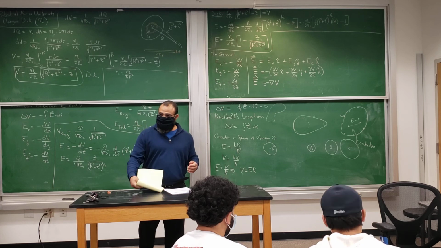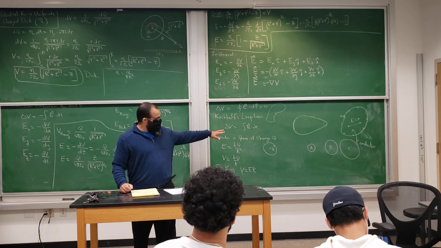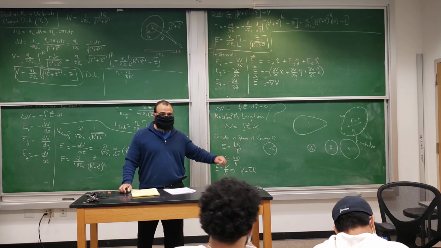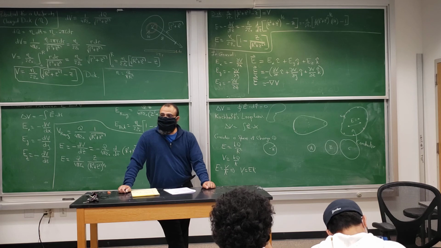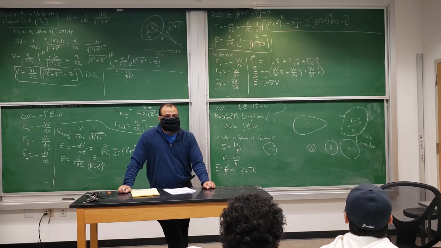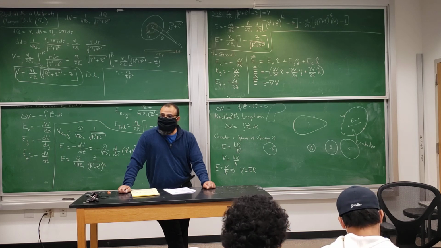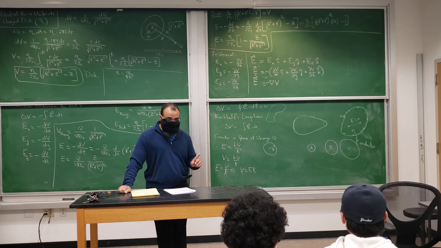So all of them are charged, okay? If they're like this, which sphere has the larger potential? What can you say, if anything? They're all the same. Why would they be the same? Because the greater R, the less E is. No? I'm being tricky though.